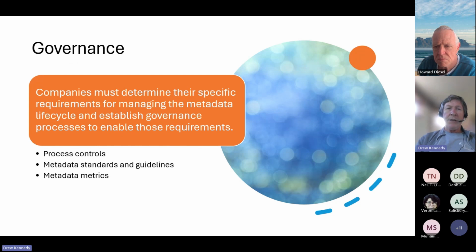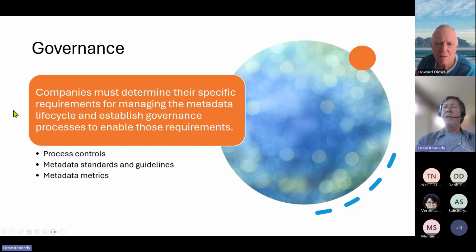With it comes the need for governance. And again, you need to determine your requirements for the metadata cycle and where to establish those governance processes for those requirements. I think in most companies, there will be data quality initiatives that could be running under the auspices of data governance.